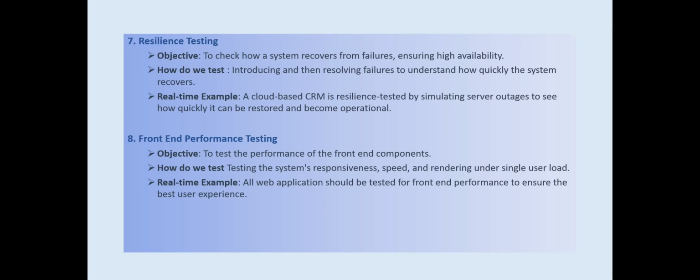This is primarily done to ensure that the end user experience looks good and the aesthetics of the page, in terms of loading each frame, and from the user experience how good it looks, that's the main purpose of front-end performance testing. And it is very essential for any website or any retail or any application that's dependent on its end customers.